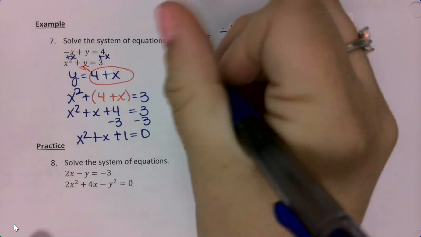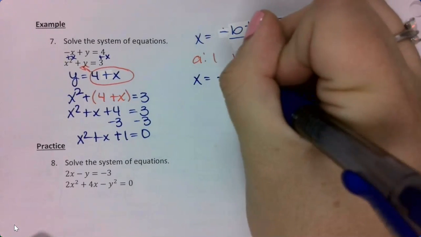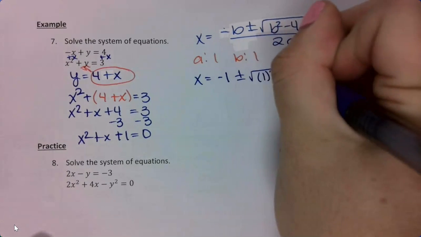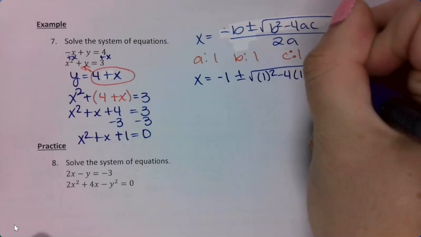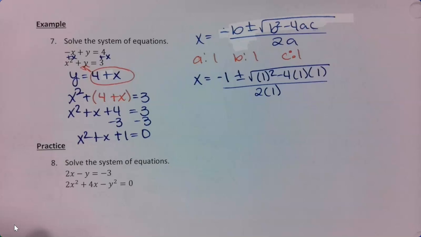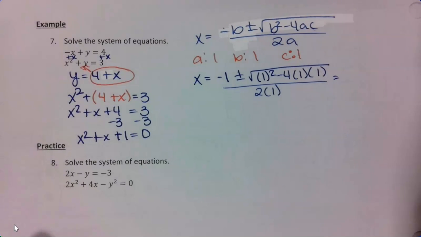Okay, so I want to go ahead and plug into this formula. I have negative 1 plus and minus the square root of 1 squared minus 4 times 1 over 2 times 1. So I just want to simplify things for now.